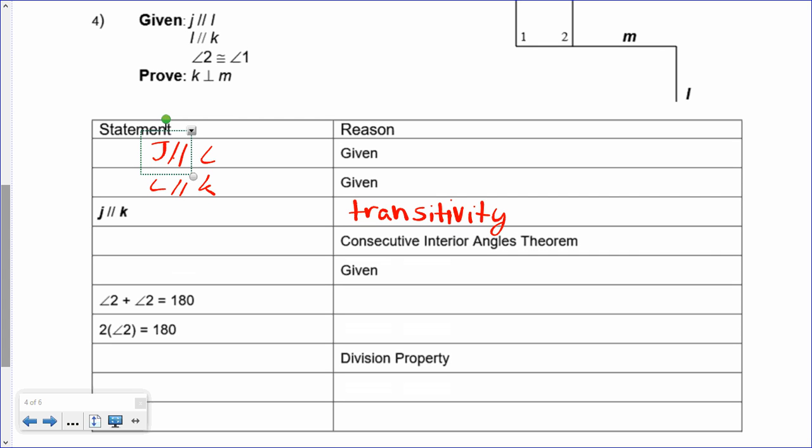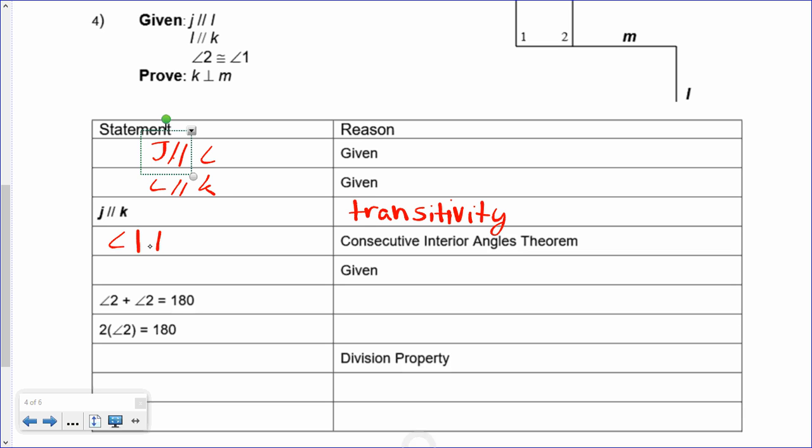The next statement: with the first three steps of the proof, I know that I have 3 sets of parallel lines. I only have 2 angles that are marked though. So with the parallel lines that I have, I only have 2 angles. I need some sort of relationship between the angles to move forward. 1 and 2 are consecutive interior. Okay, so 1 and 2 are consecutive interior, which would say what about them? Yes, they're supplementary.